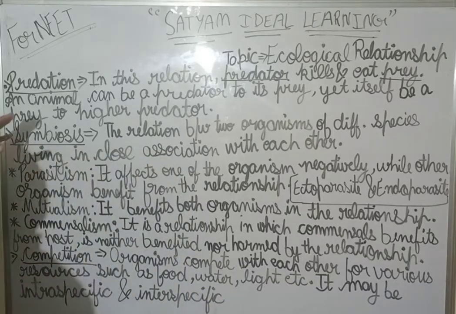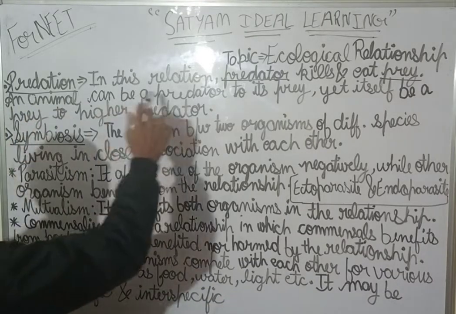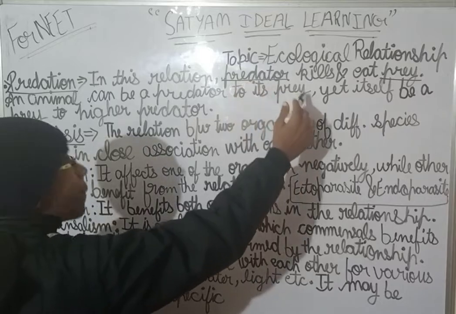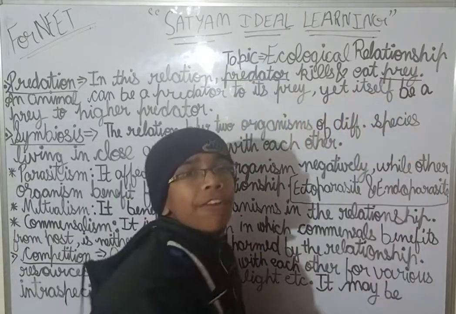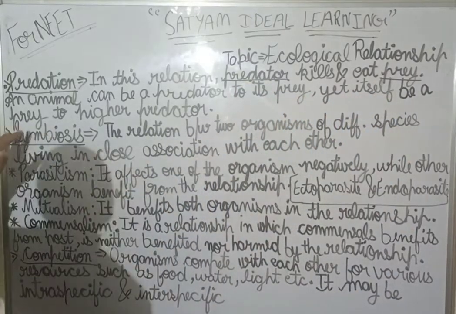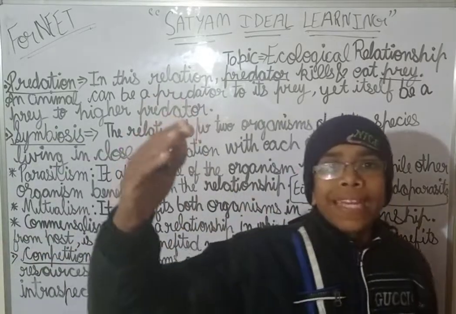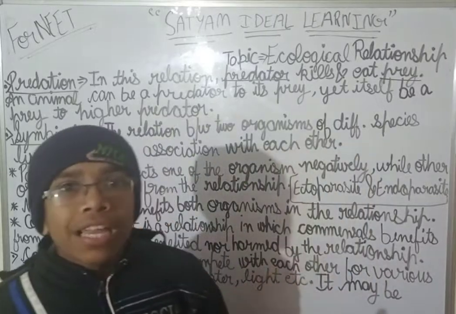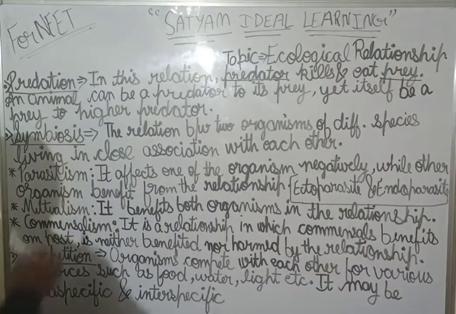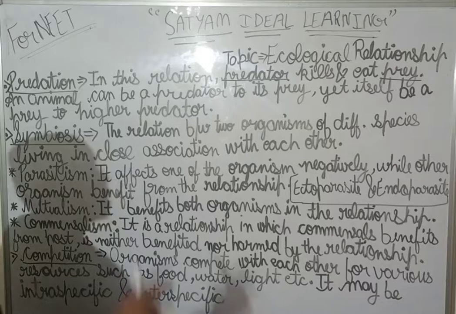That is what is written: an animal can be a predator to its prey, yet itself be a prey to a higher predator. The higher predator of the snake is hawk or eagle. I think this must be clear to all of you guys. So the predation portion is over.